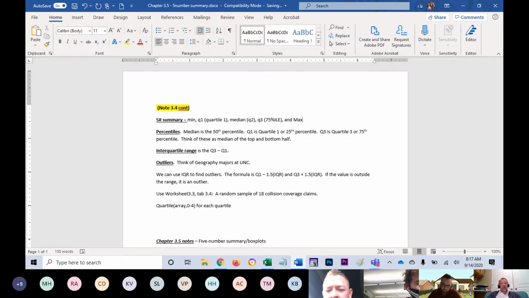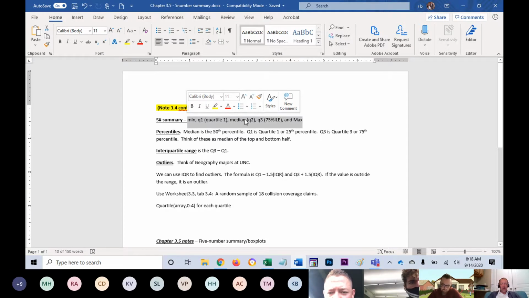Okay. So those are the numbers for your 5-number summary: the minimum, quartile 1, median, quartile 3, and the maximum.